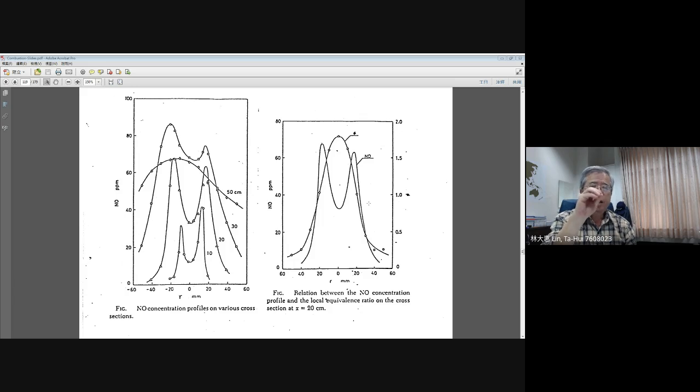Where is the maximum temperature? Actually it is near the position of the diffusion flame, right? And at that position, we always think the fuel diffusing there is just completely consumed with oxygen and burns stoichiometrically. Okay, this is a very nice experimental observation to confirm that NO formation can be completely described using the gaseous diffusion flame.